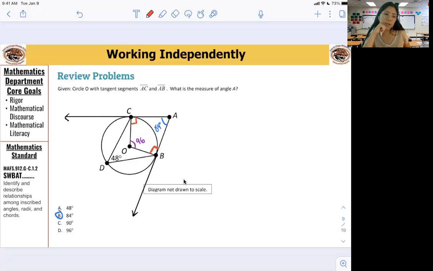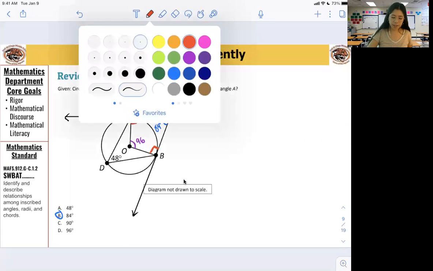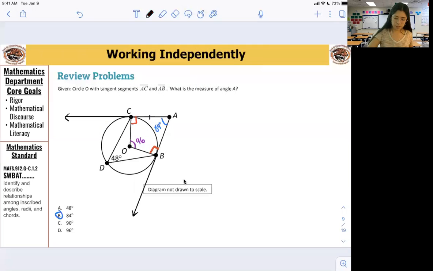Any other questions on this one? Also, don't forget that AC is congruent to AB. Those side lengths are congruent. And I think that's it.